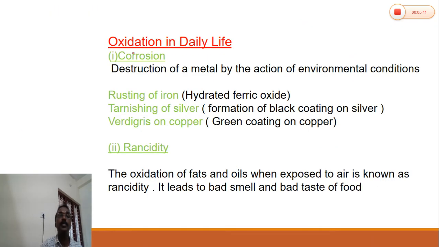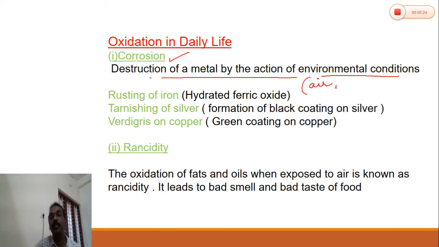Now, let us see some oxidation reactions in our daily life. One is corrosion. What is corrosion? Destruction of a metal by the action of environmental conditions. Environmental conditions mean air and moisture. Air and moisture are the conditions required for corrosion. Here are three examples.